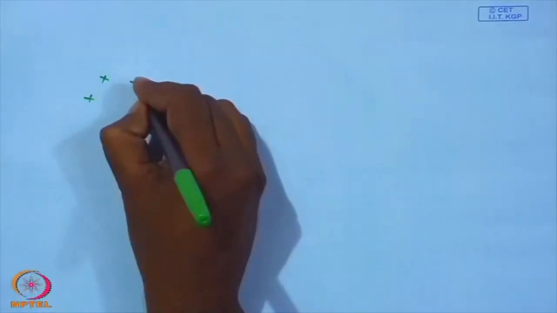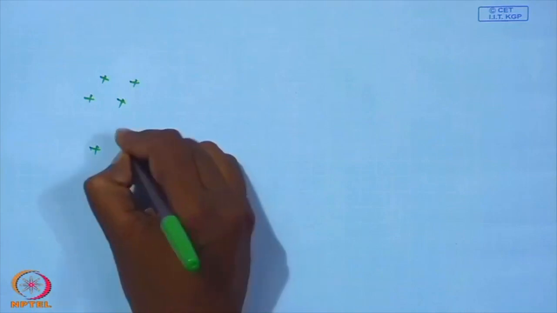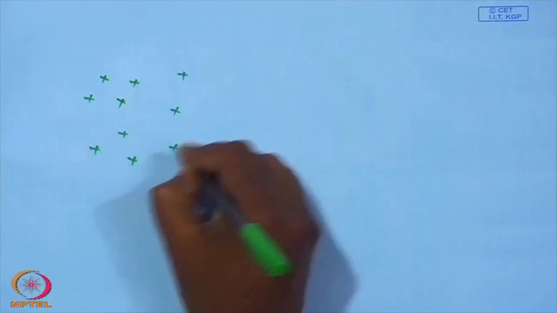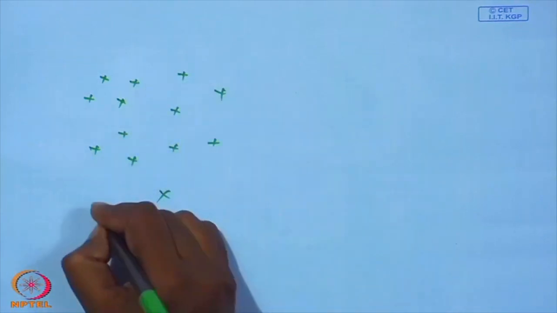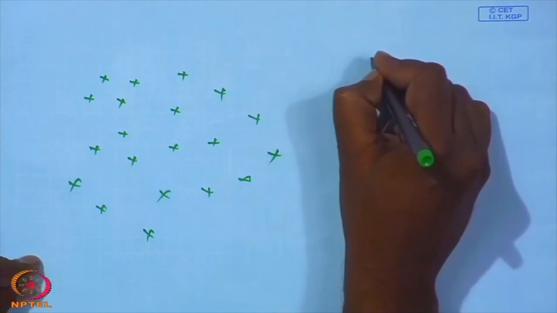Say suppose I have a set of feature vectors like this, and I want to form 3 clusters.